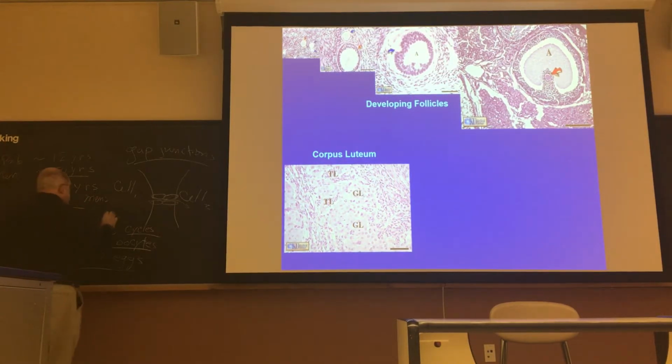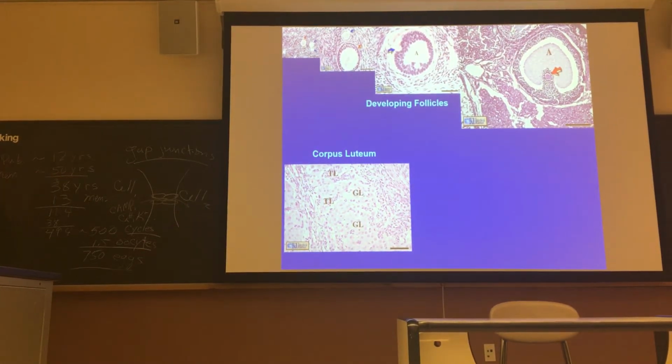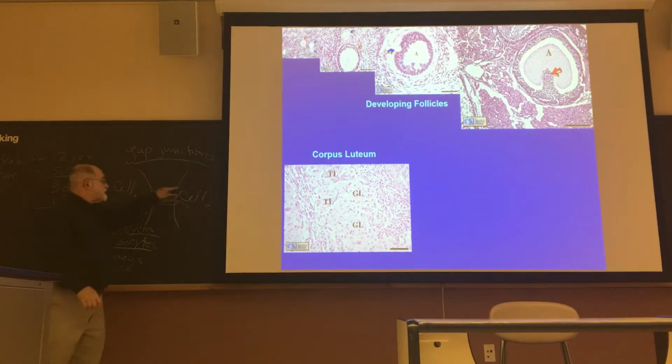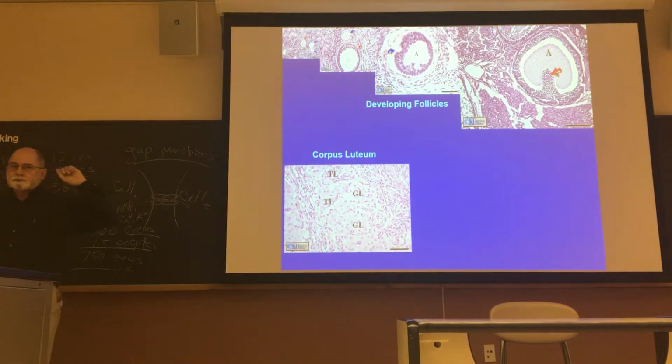So things like cyclic AMP, calcium, potassium, etc., can move from one to the other. So if you trigger this cell with a hormone, you'll often see this cell responding as well.